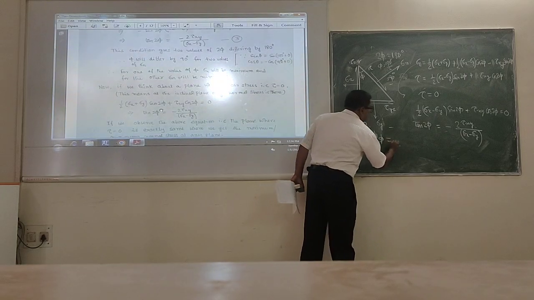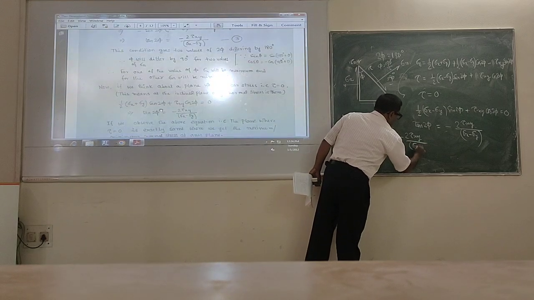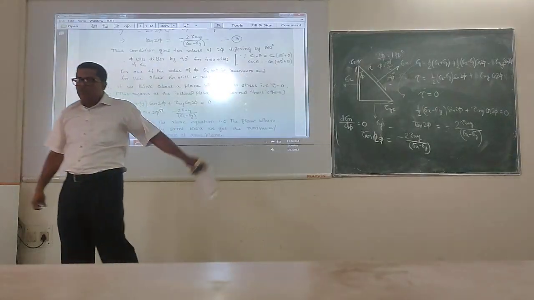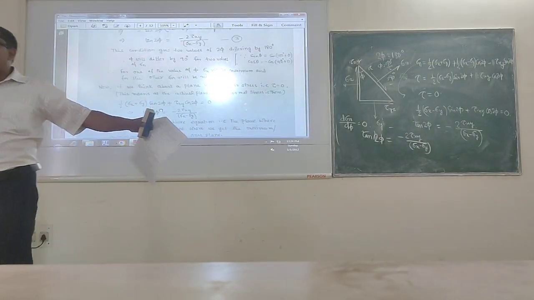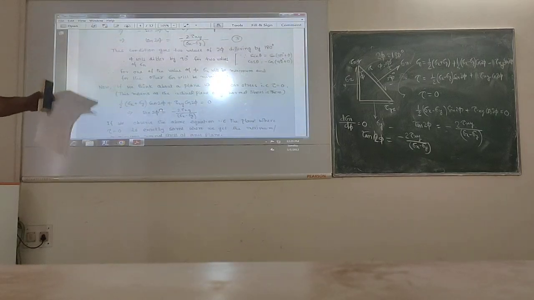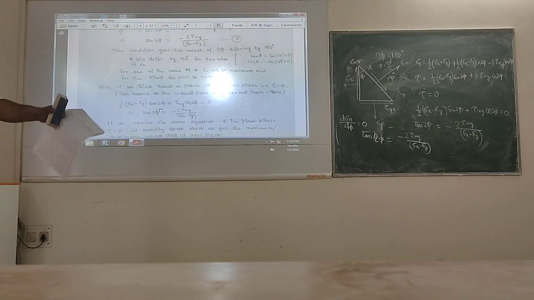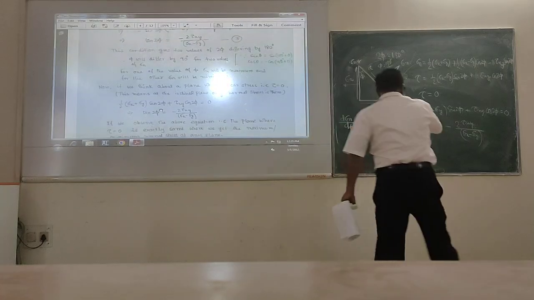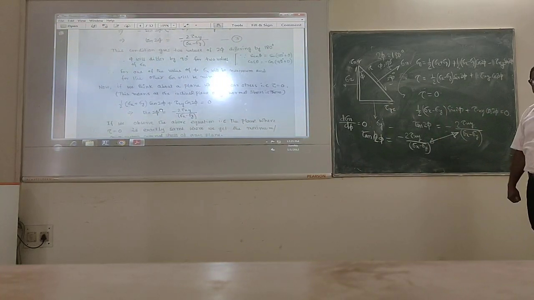We got tan 2 phi equal to minus 2 tau xy by sigma x minus sigma y. Isn't it? We have got the same relation. So for the plane where the maximum and minimum normal stresses are occurring, if we assume shear stress is also 0, we get the same relations, isn't it?